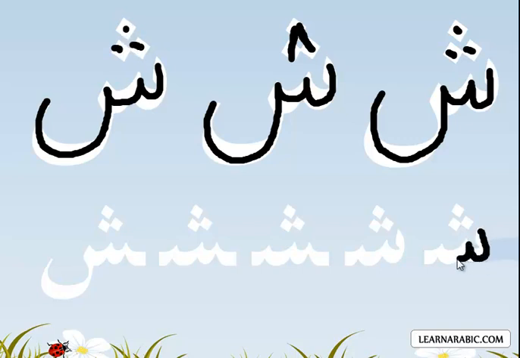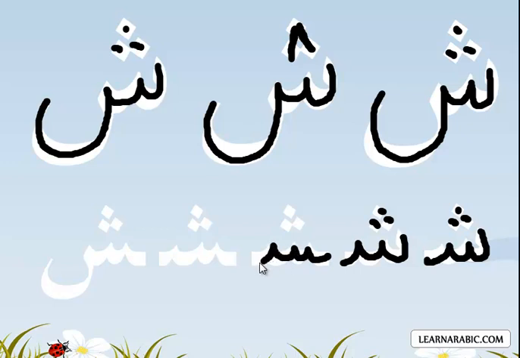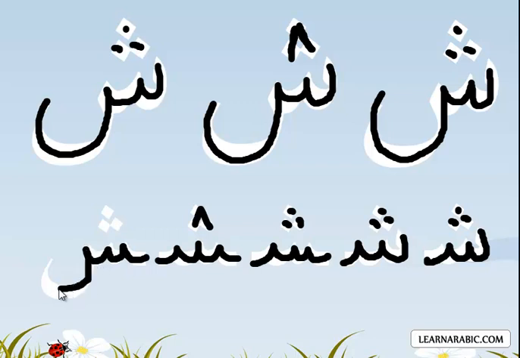Now at the beginning of a word, we see that the second half of the shape is removed, so again, and then in the middle of a word like this, we see this part is from the letter that comes before it, and then this joins to the letter which comes after, and the three dots, and once more like this, and then finally at the end the sheen takes back its original form with the three dots at the top.